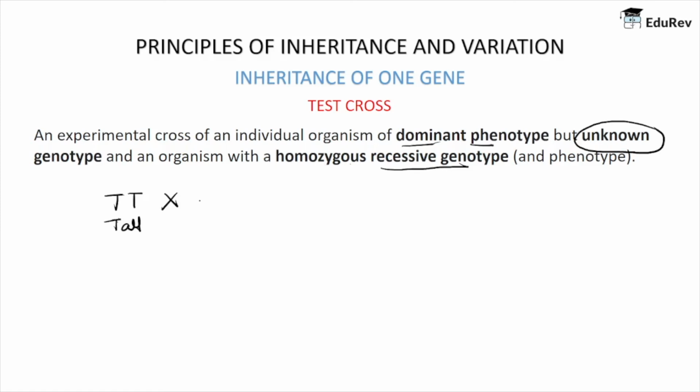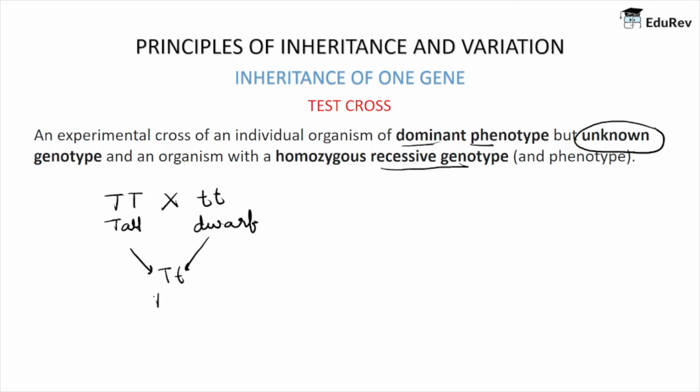It means the cross should always be with a recessive genotype only. Means the test cross will always be with the dwarf plant, of any dominant phenotype we are talking about. So here the result will be one capital T from one parent and one small t coming from another parent.